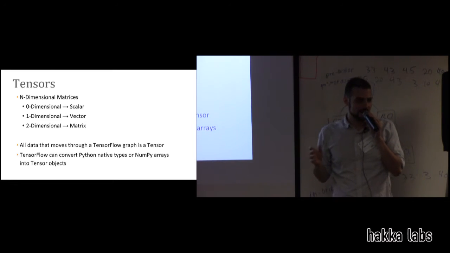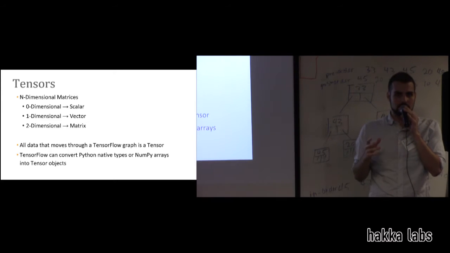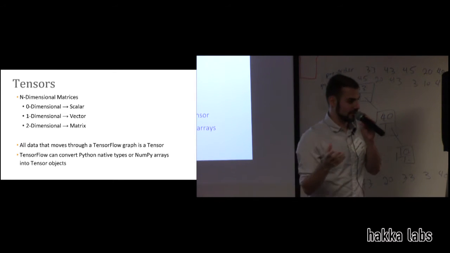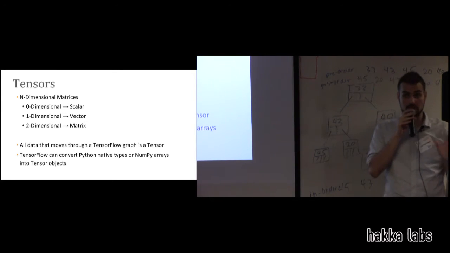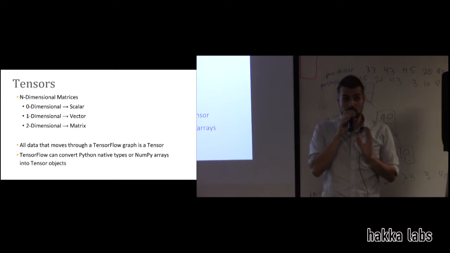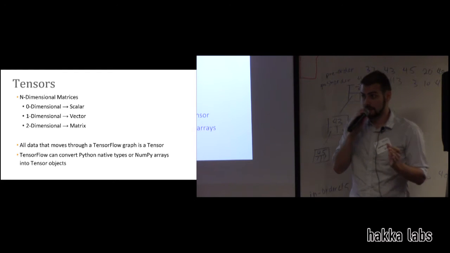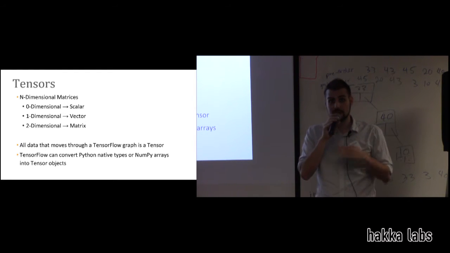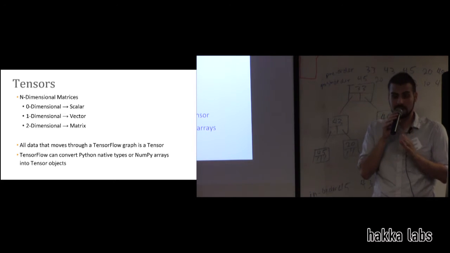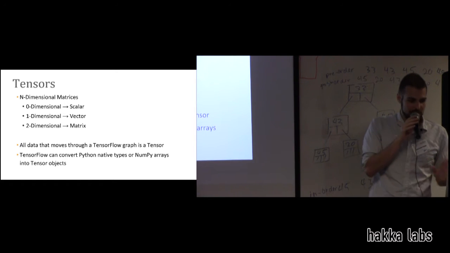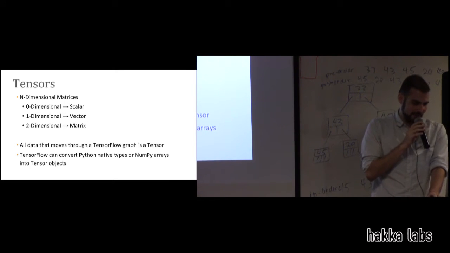In reality, you just think of them as higher dimensional arrays or matrices. In general, in TensorFlow, most of the math actually happens in 2 dimensions anyway. That's not the case for every operation, but if it is easier for you to think of them as matrices, feel free to do so. I won't judge you, and that's what's important.